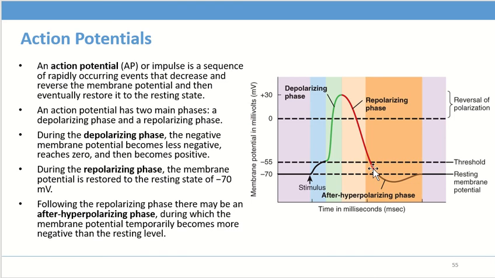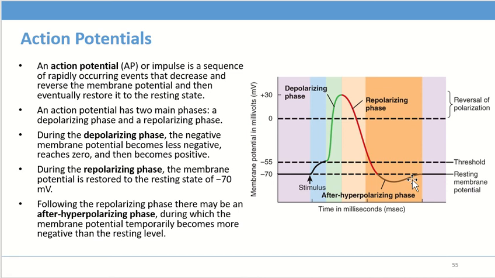Following that repolarizing phase, there can sometimes be an after hyperpolarizing phase, and during this phase, the membrane potential is temporarily going to become more negative than the resting membrane potential. So here you see our after hyperpolarizing phase.